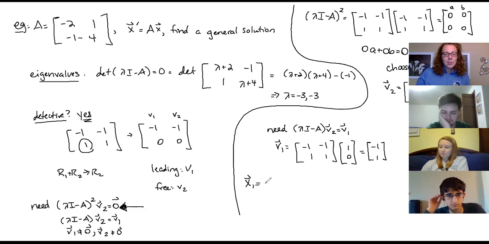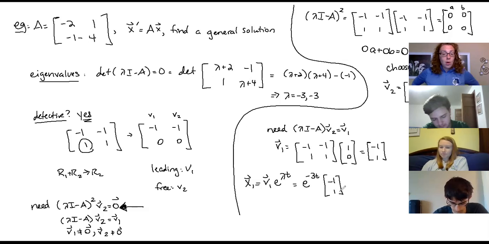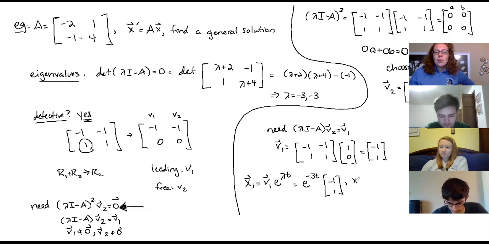So remember x1 is V1 e to the lambda t. So in this case, that's going to be e to the -3t times [-1, 1], right? That's my x1. And my vector x2 is going to be V1 t plus V2, times e to the lambda t.